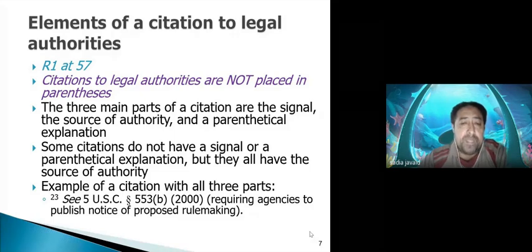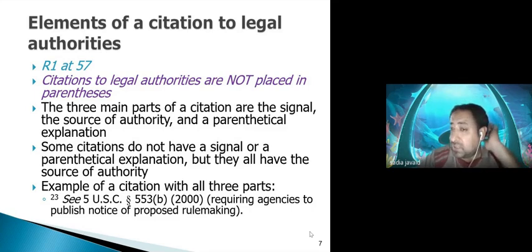The three main parts of a citation are the signal, the source of authority, and a parenthetical explanation. So again, it has three main parts. The first is the signal. The signal is the point on which the law or the legal order is being reviewed, the point on which this judicial matter is being opened.